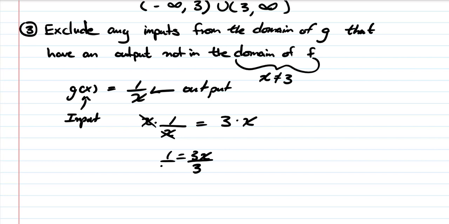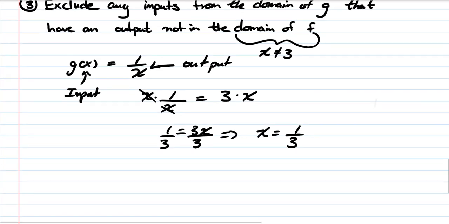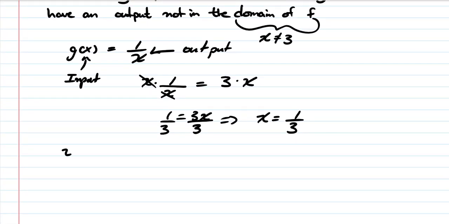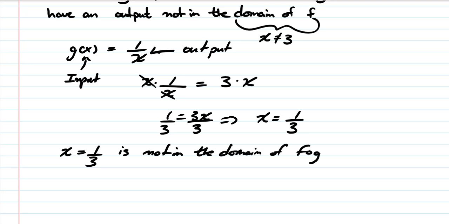We divide by 3, divide by 3, and that gives us x is the same as 1/3. So x equals 1/3 is not in the domain of f circle g.